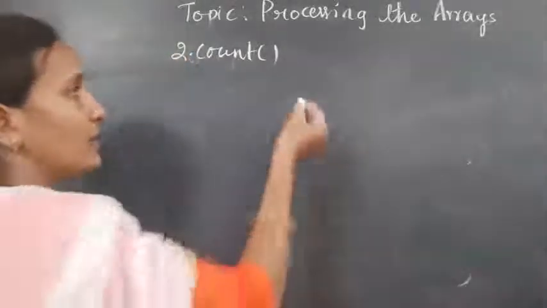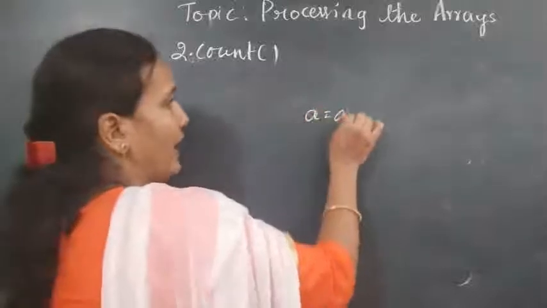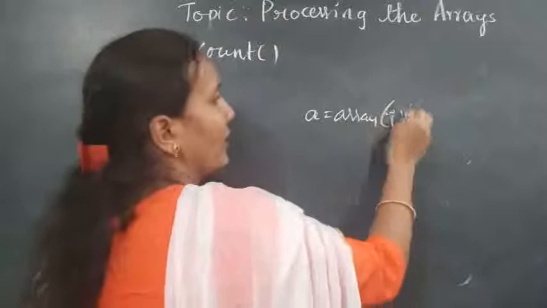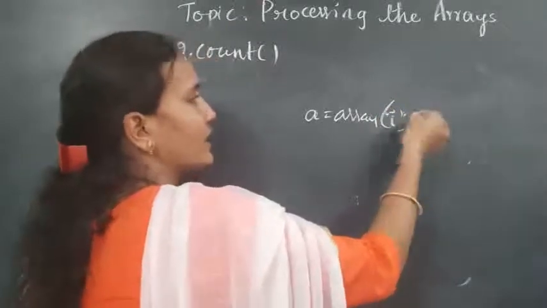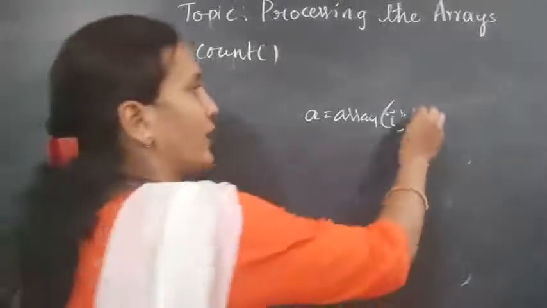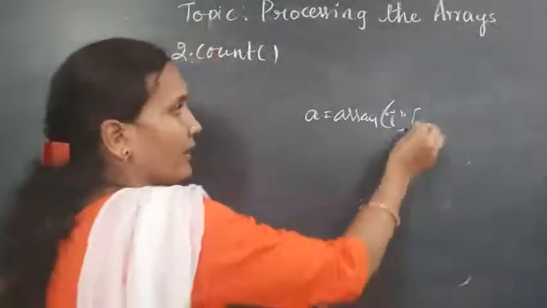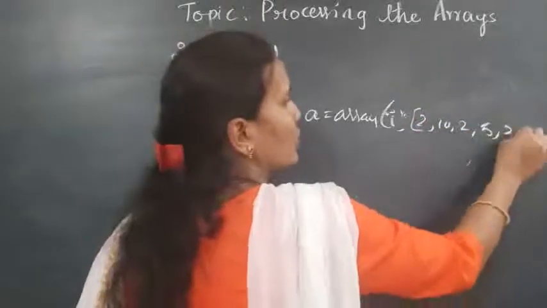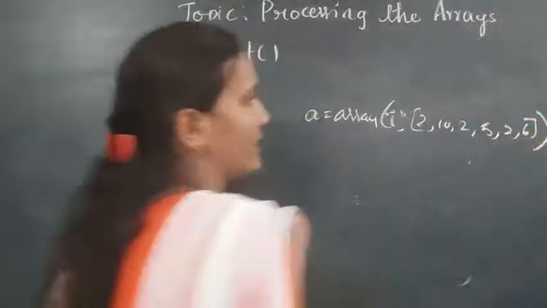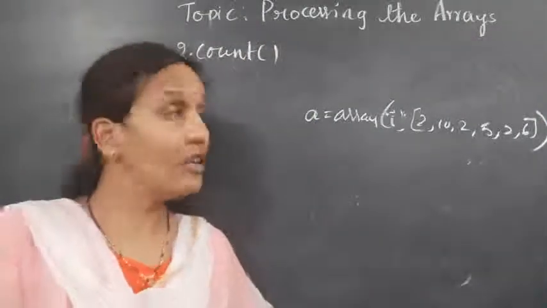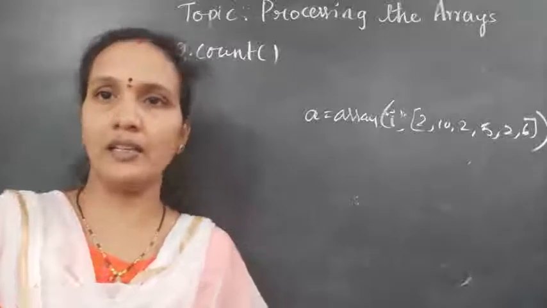Example, here, name of the array is A, array. Here, one element is there. That element is occurred twice, thrice. Just I want to find out how many times the element has occurred. Like a 2, 10, 2, 5, 2, 6. Example.